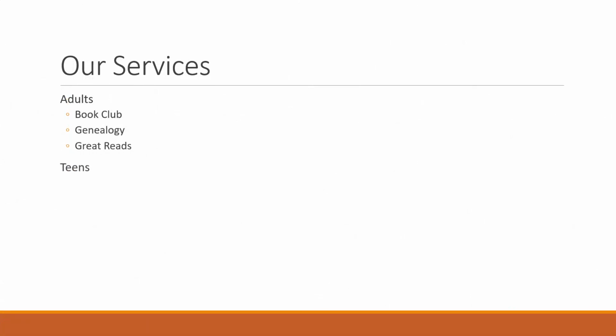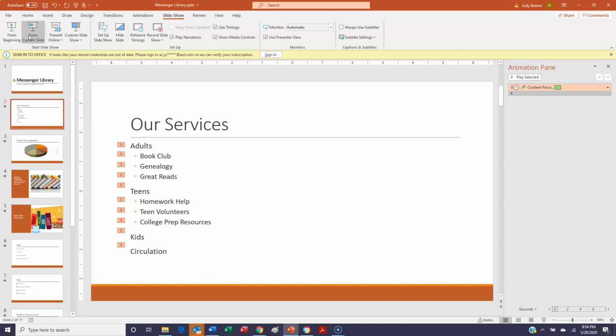So notice that by saying start after previous, each one comes in separately, but they come in automated. They come in by themselves. I haven't clicked anything. So you can see the difference. You do have more control if you say start on click. All right. So I'll press escape.